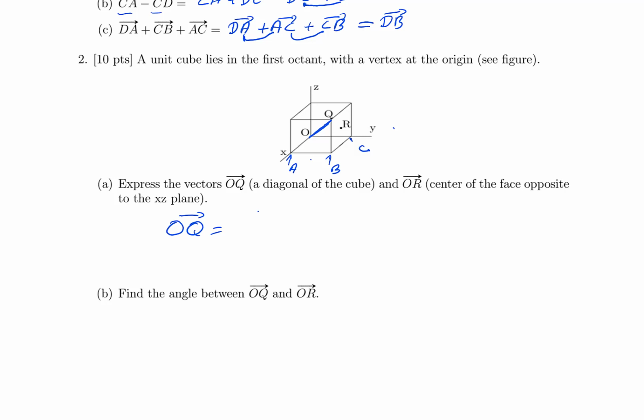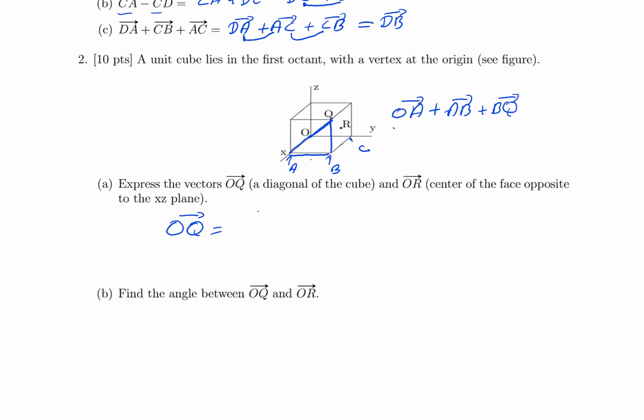How do we start from O and come to Q? We can start from O and come this way, that is OA. Then OA vector plus the AB vector, then go to the BQ vector. You see that? BQ vector.